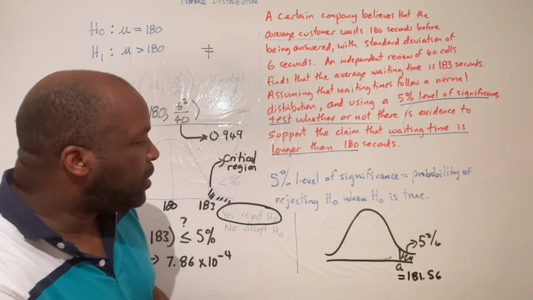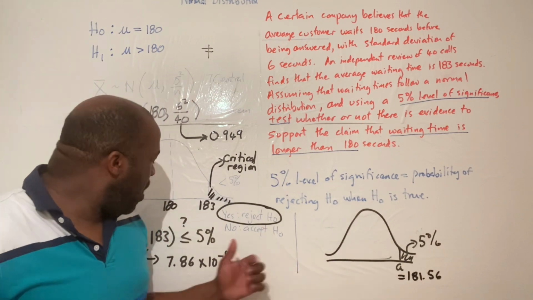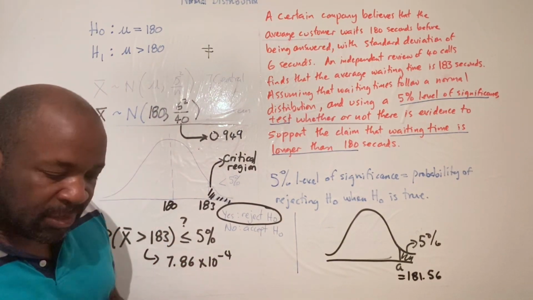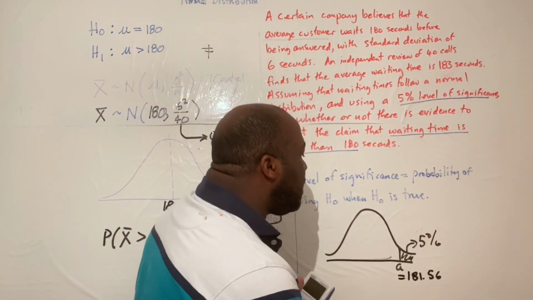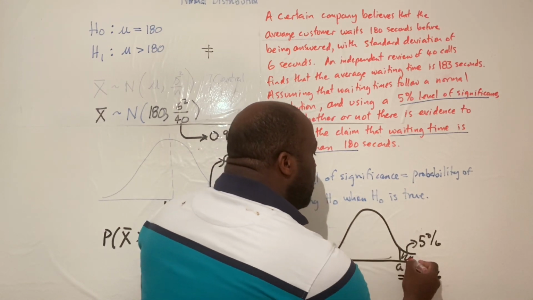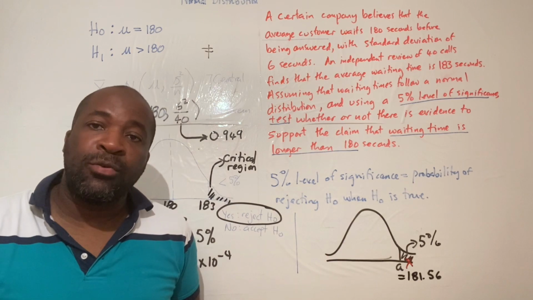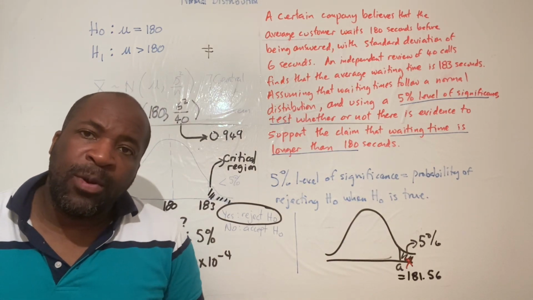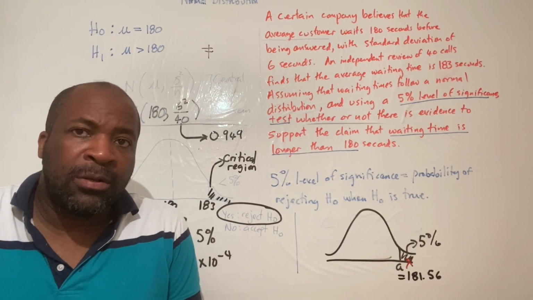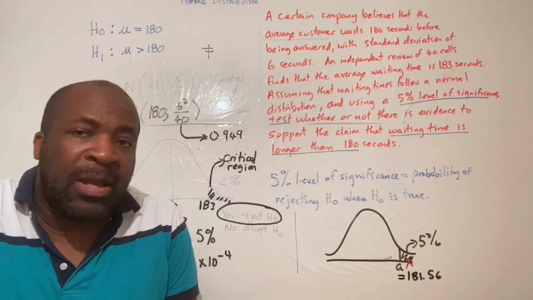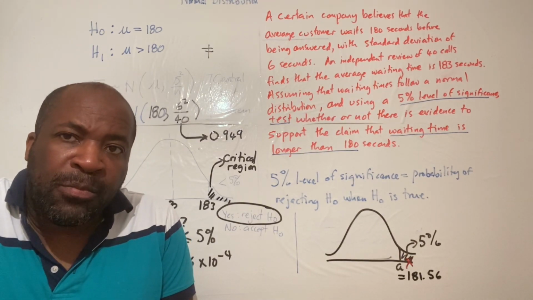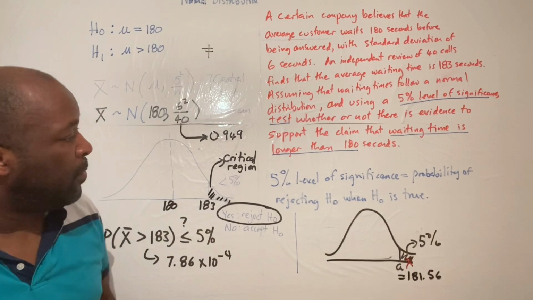So notice here that 183 is going to be on the right hand side of 181.56. So 183 will lie inside the critical region, and therefore it will lie inside the rejection region. So that approach, I believe, is the cleaner way of doing a problem, but the decision is yours.